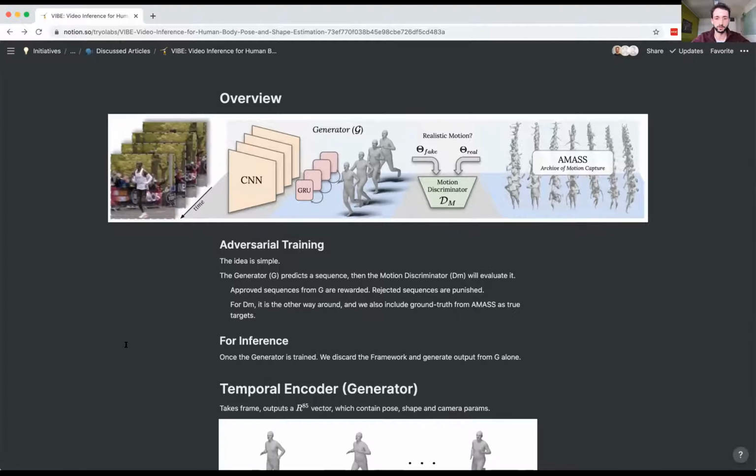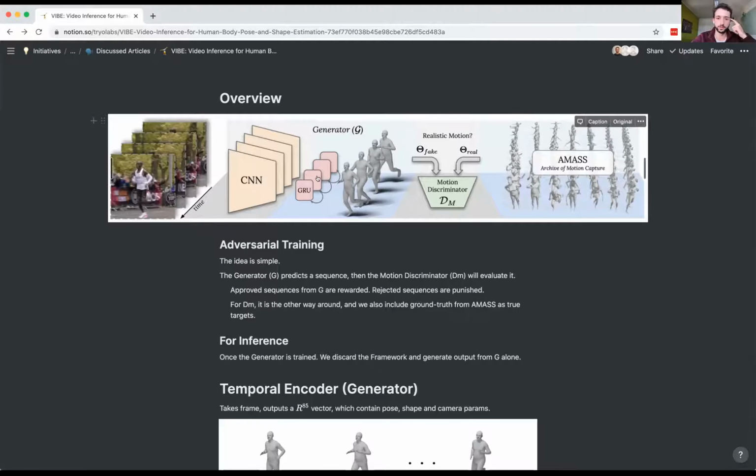So the idea, just to go over it again, is very simple. We'll have the generator, which will output a sequence, and the motion discriminator will try to decide if it's fake or real. If the discriminator tells us that it's a real motion, there'll be a reward for the generator, and it will be used as a punishment for the discriminator. And it also goes the other way around.